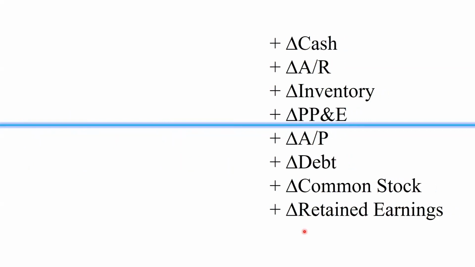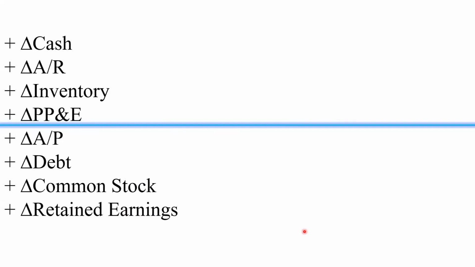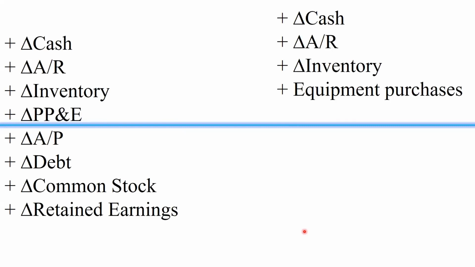Okay, now let's move on to the next step. What I need to do is clear out those other ones and bring our last step over to the left-hand side. And the next step is breaking out property, plant, and equipment. So I've left the change in cash, the change in accounts receivable, and the change in inventory the same. But now I'm going to break up this change in PP&E.